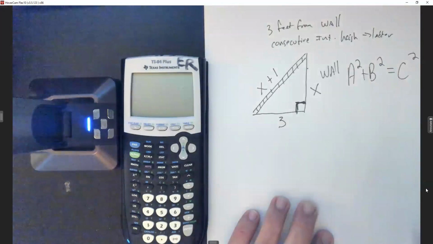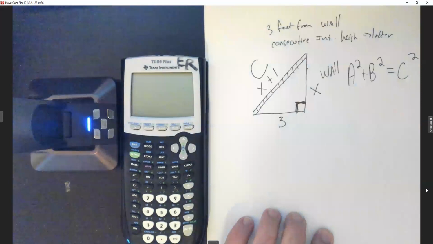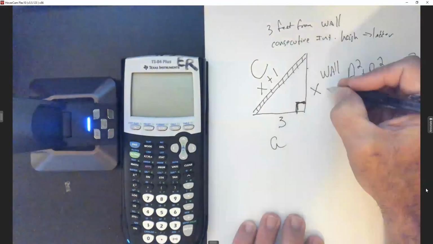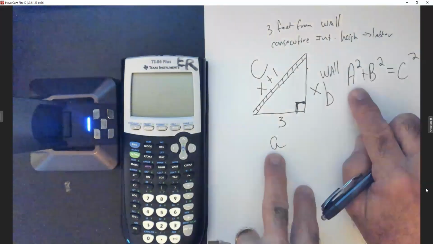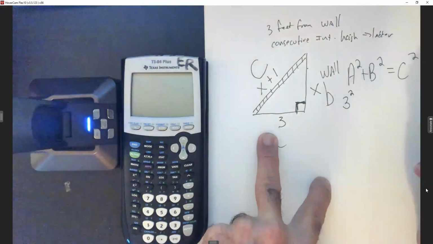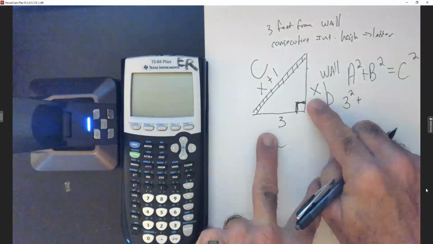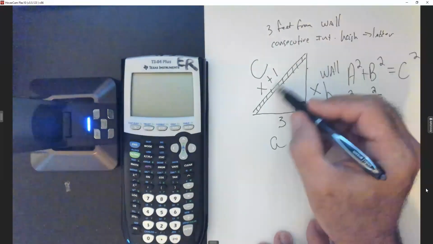Once again, c has to be that hypotenuse, and then this can be a and b. So here we go. In place of the a, I'm going to put 3 and square that. In place of my b, I'm going to put the x and square that. That's going to equal my hypotenuse, which is an x plus 1 squared.